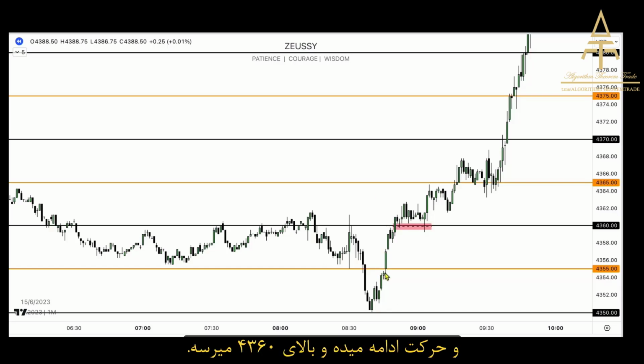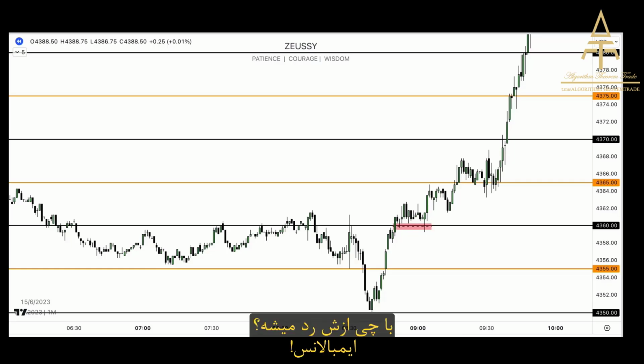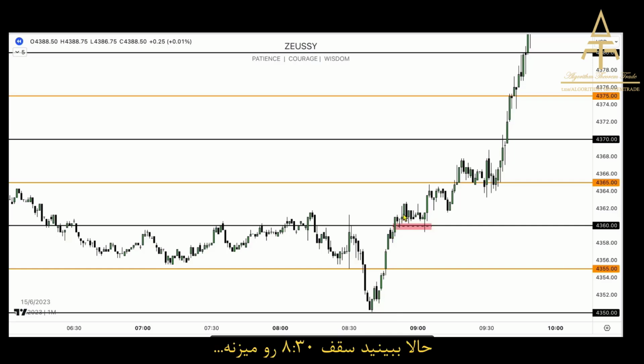We then see the market continue to expand and it trades above the 43.60 price level. With what does it trade above that price level? With an imbalance. Now note that the market trades above that 8:30 high, time distortion takes place, the market consolidates, and it then begins to expand higher. Note that there's a BC that forms right here.